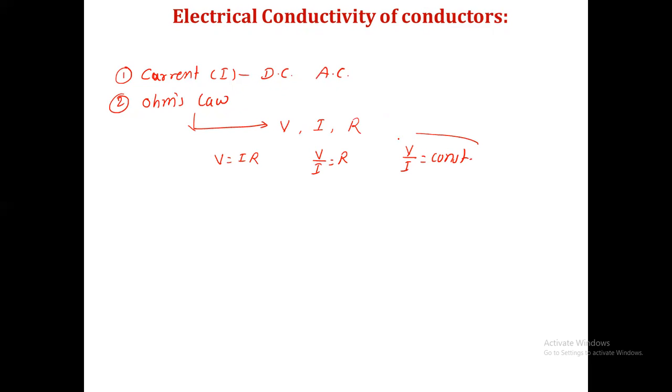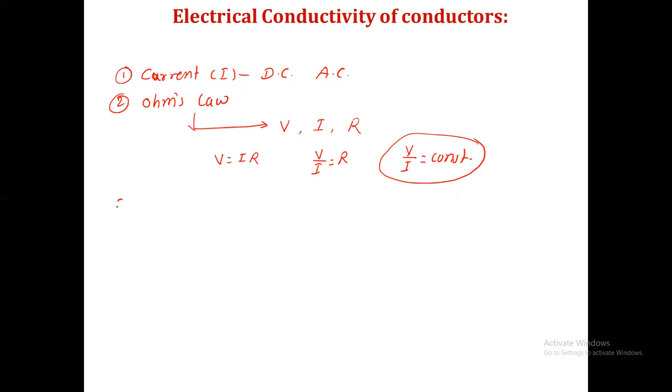And with the help of this, we can prepare the definition of Ohm's law. But remember that the ratio of voltage divided by current is always constant only when the physical state of a conductor is not changed. Is it right?